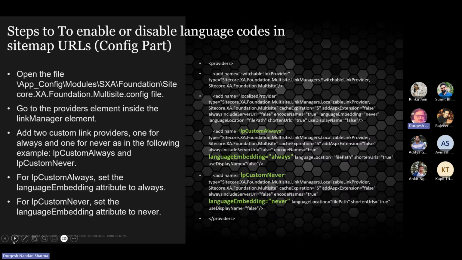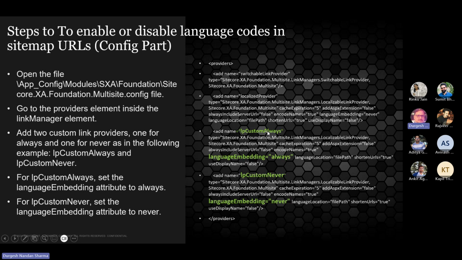For this, we have to configure it in two parts: one is config and one is in the content editor. In the file App_Config, Modules, SXA, Foundation, Sitecore, Foundation, multi-site.config, we will add two providers.